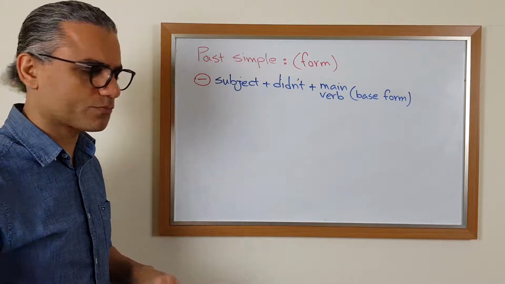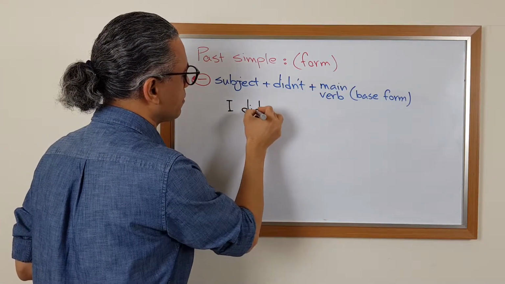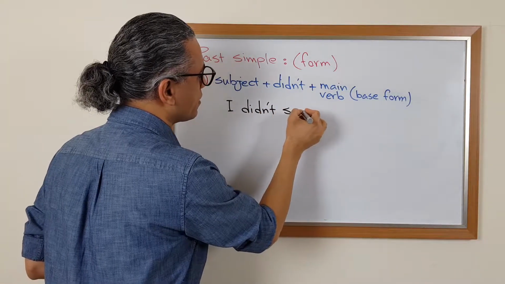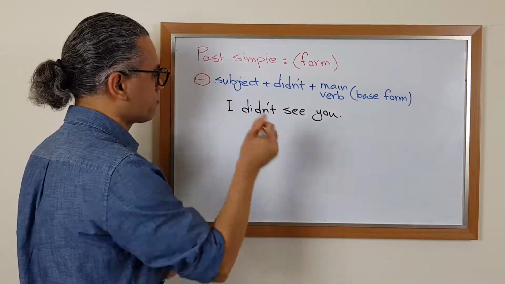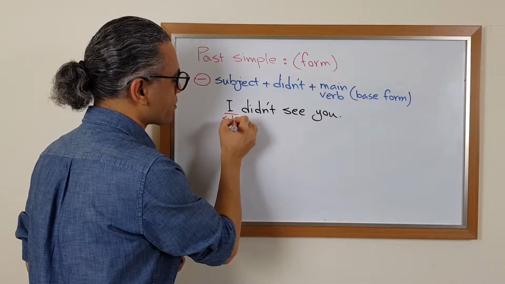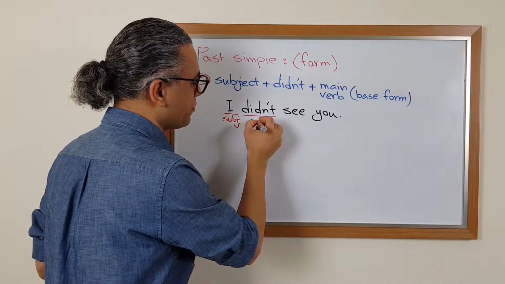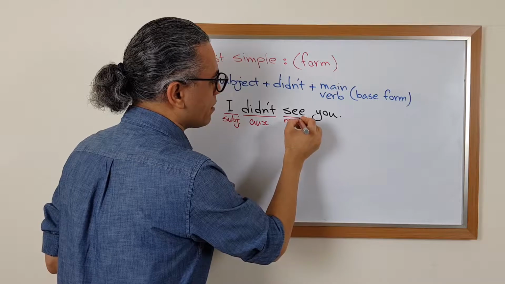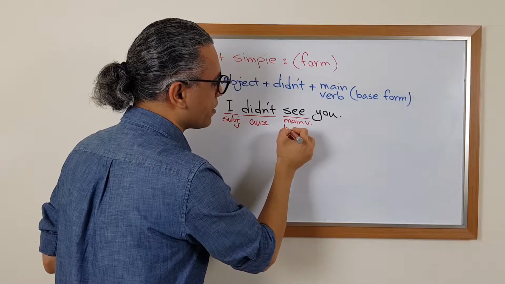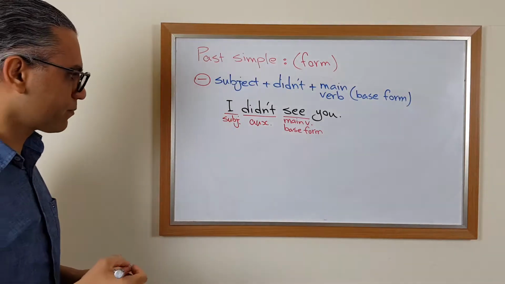Example: I didn't see you. I is your subject, didn't is your auxiliary verb, and see is your main verb in base form.